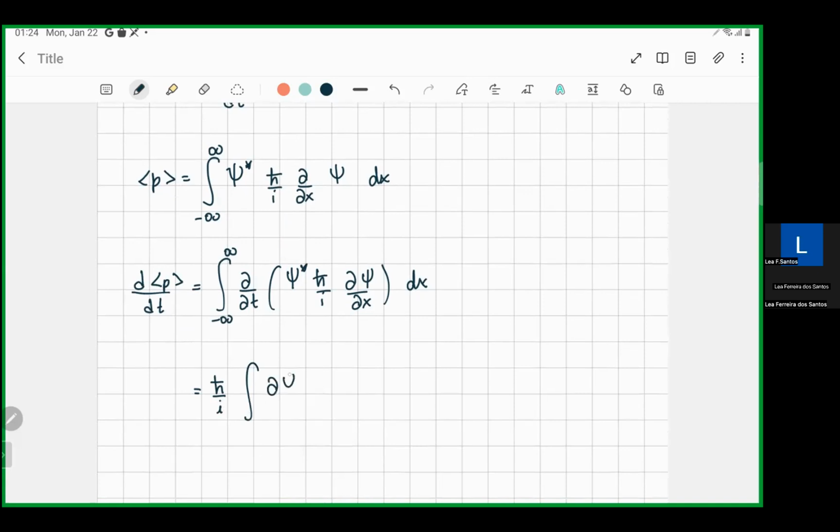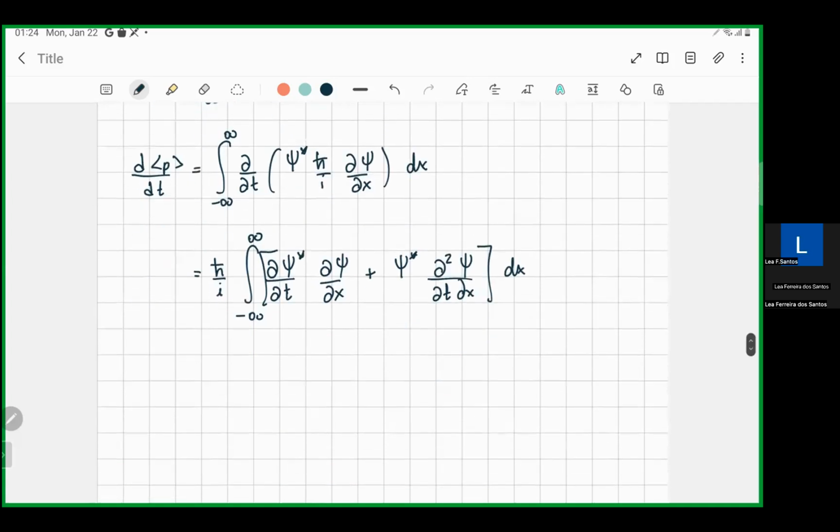One is this derivative in time of psi conjugate with the derivative of psi in x, plus the second order derivative where we now have t and x, and that's it. You see that there is always a minus infinity to infinity there. If I don't put it there, it's just because I'm lazy.